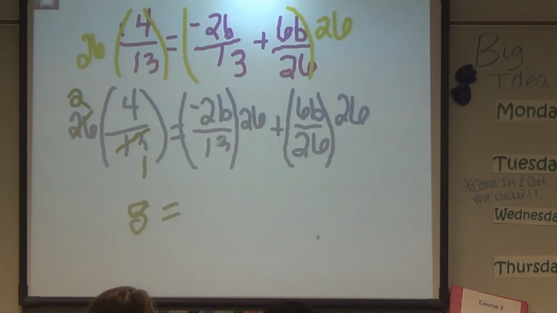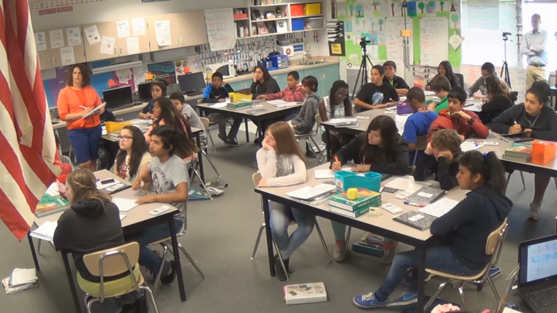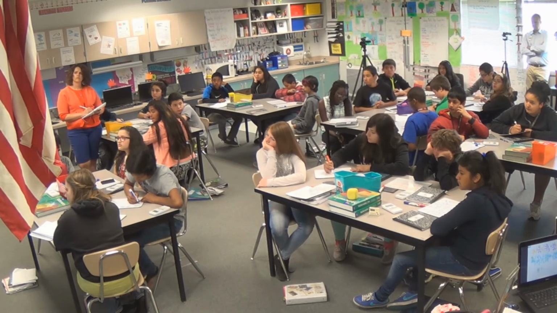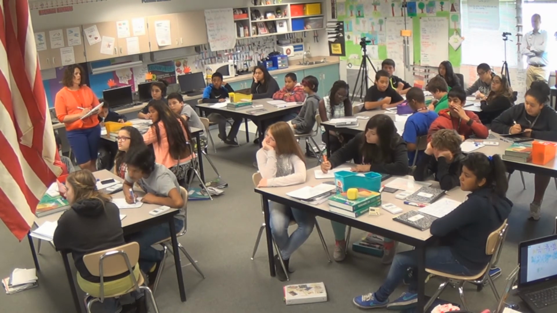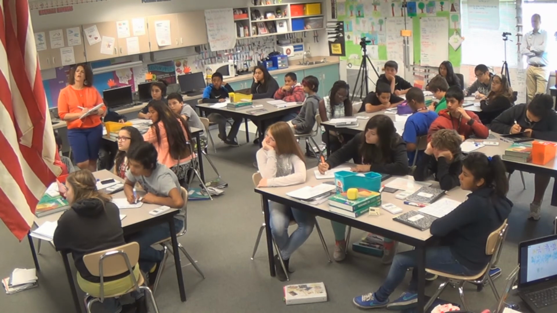Okay, now what? Who knows what we do next? Steven, what do we do now? Are you guys doing it along with me? Cross multiplying 13 and 26. 13 divided by 13 is 1. 26 divided by 13 is 2.